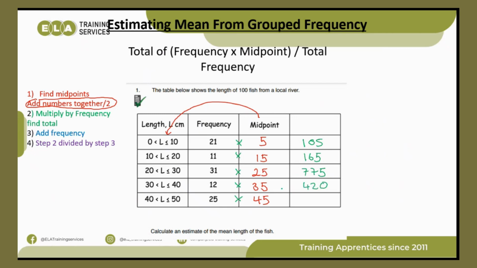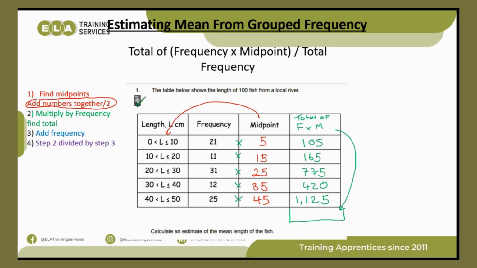And we've got 25 times 45, which is 1,125. And this is known as our total of frequency times midpoint, which is here. That's your first part of your formula. So you've got to add all these together now.